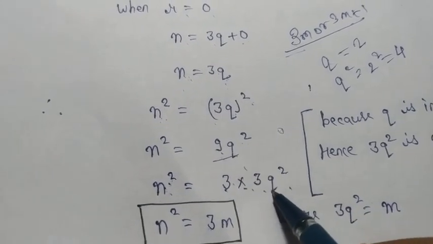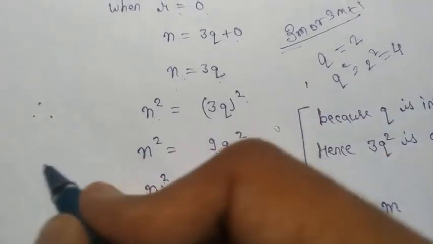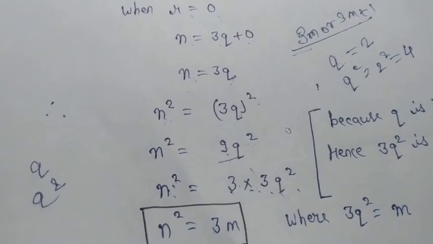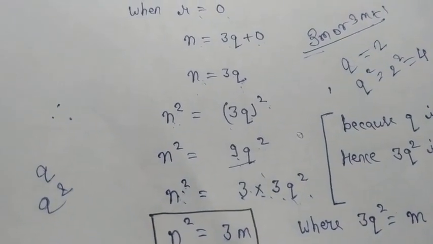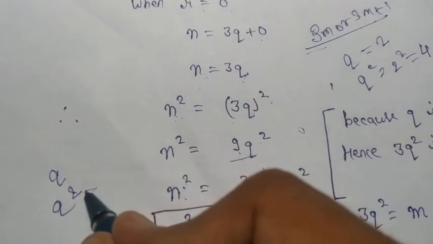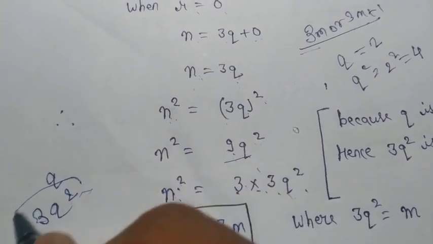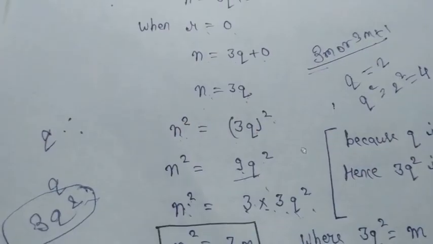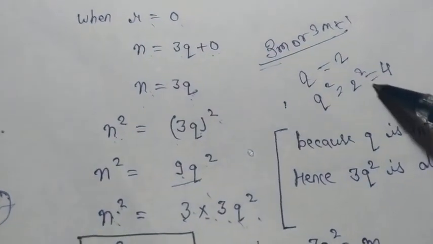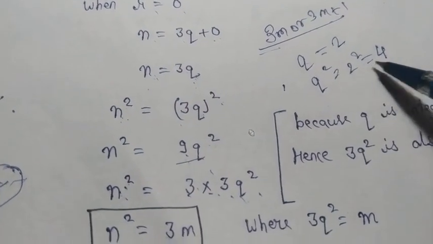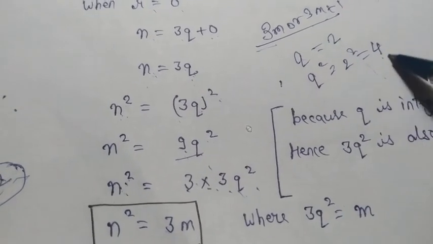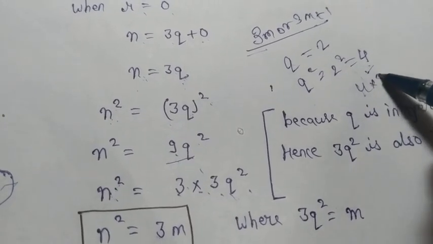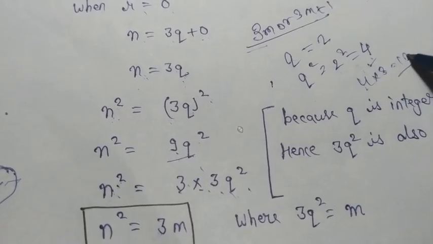Now students, see, if q is an integer, then q square will also be an integer, because the square of an integer is also an integer, and when it is multiplied by 3, this whole will also be an integer. Suppose q I have taken 2, so q square is 2 square, that is 4. So it is also an integer, and when 4 is multiplied by 3, you will get 12, which is also an integer.